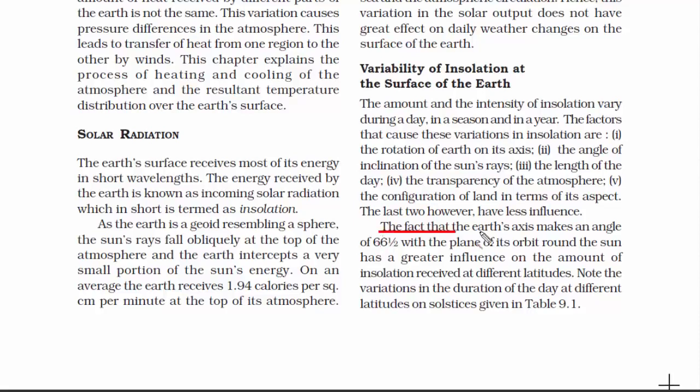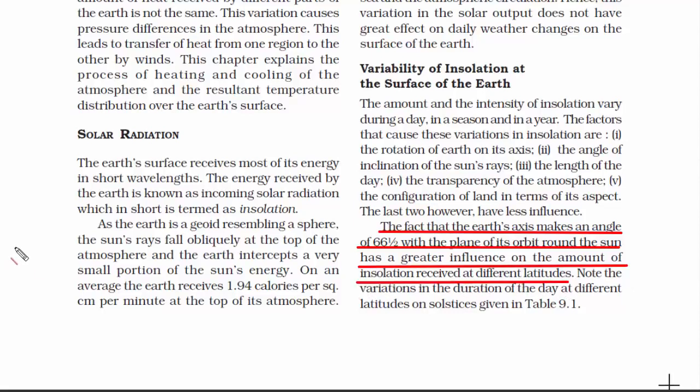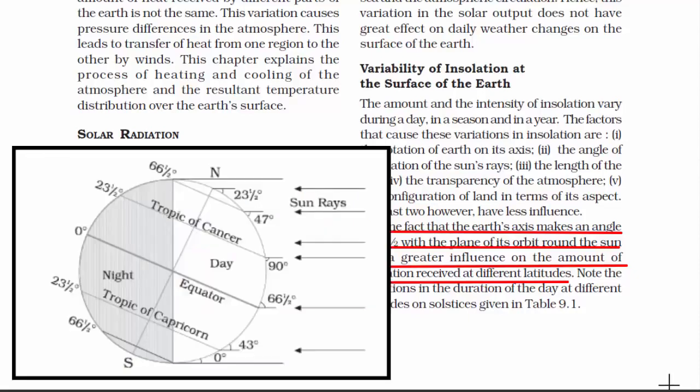Now here it says, the fact that the Earth's axis makes an angle of 66.5 with the plane of its orbit around the Sun has a greater influence on the amount of insolation received at different latitudes. If you look at this picture, you can see the manner in which the Earth is tilted. It's not like the equator is absolutely straight or linear with respect to the Sun.